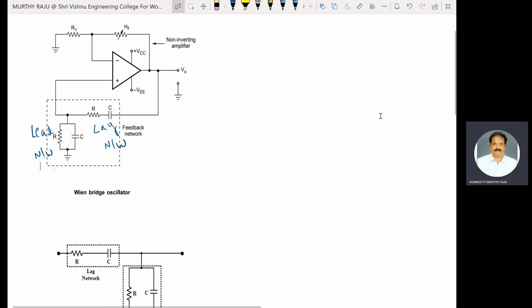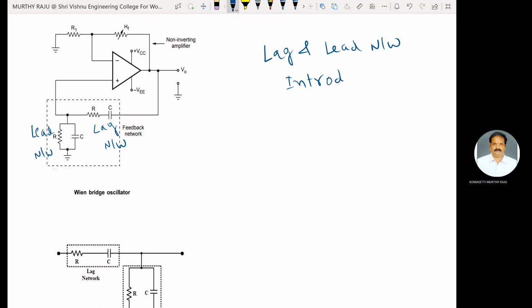The lag and lead network introduces 0 degrees phase shift. The op-amp is in non-inverting amplifier configuration.